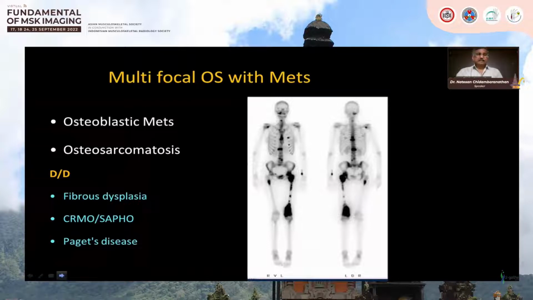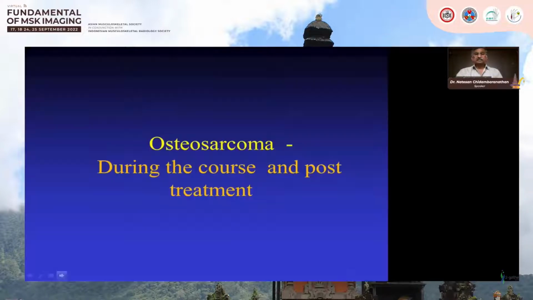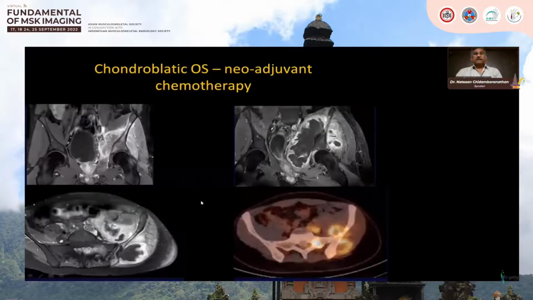Sometimes other diagnoses, like fibrous dysplasia, CRMO (chronic recurrent multifocal osteomyelitis), Paget disease, and Erdheim-Chester disease, are also in the differential diagnosis. Osteosarcoma during the course of treatment and post-treatment changes has quite varying presentation and radiological features, as in this case. This is a patient having chondroblastic osteosarcoma with neoadjuvant therapy.